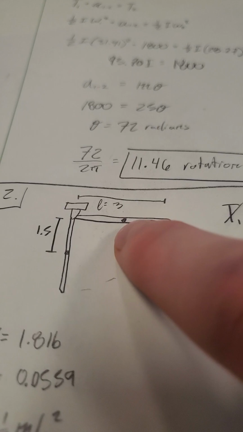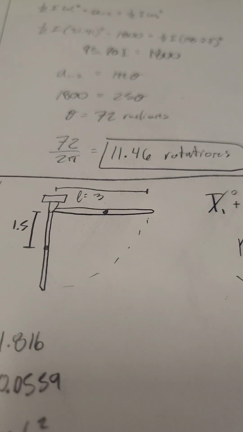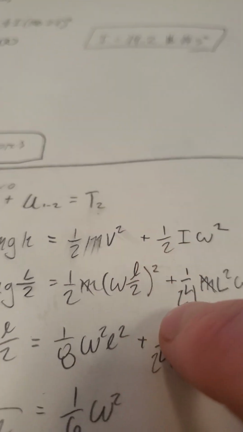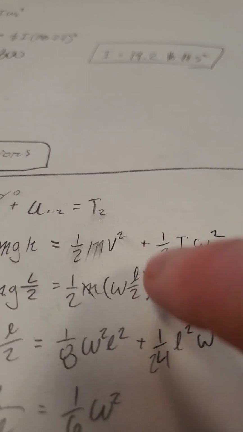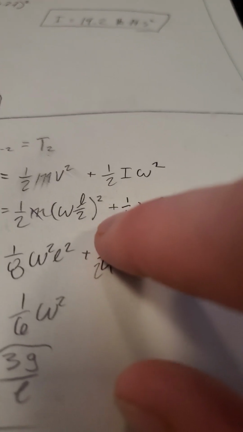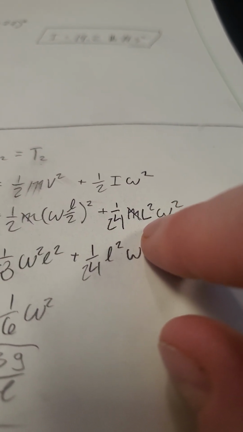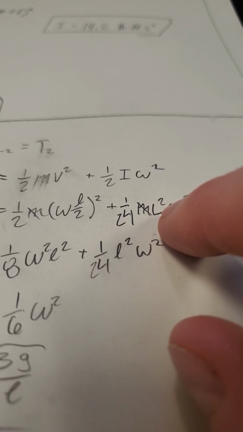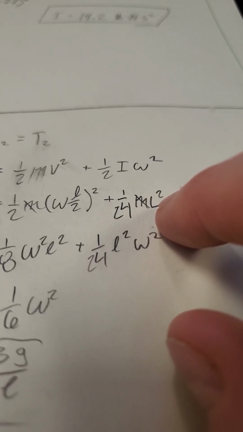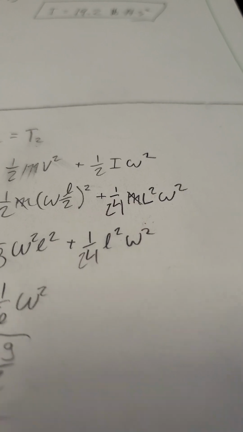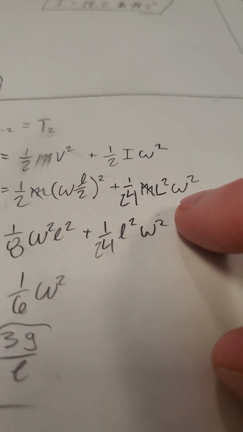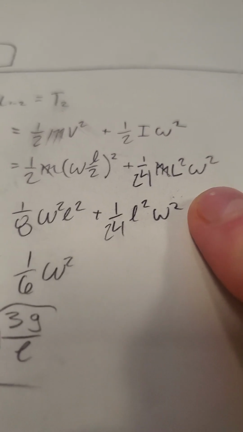So since we're just using the middle of the bar where the weight vector would be, we can actually just use omega L over 2. So that's all going to be squared. And then for a bar rotating about its end, it's 1 over 12, times 2 is going to be 1 over 24. Times 1/2, I should say.